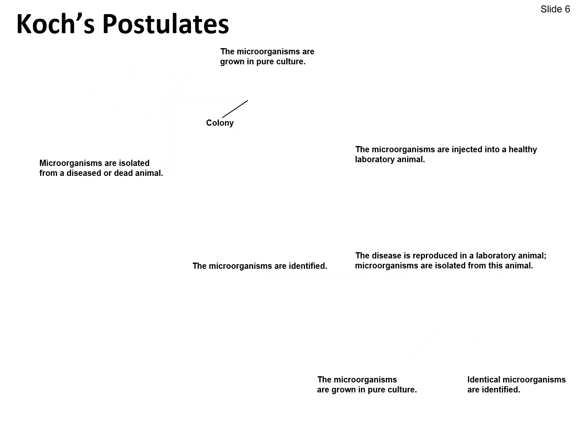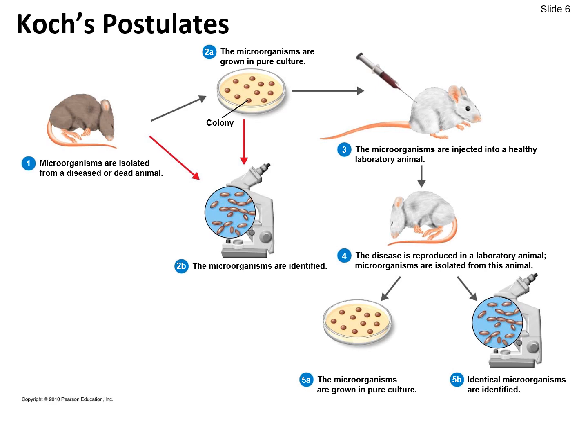And this is Koch's postulates. So Koch's postulates, this is the process by which you experimentally prove which microbe is caused by which disease. So the first thing to do, this is a process that you need to know. The first thing you need to do is you need to find individuals that have a particular disease.